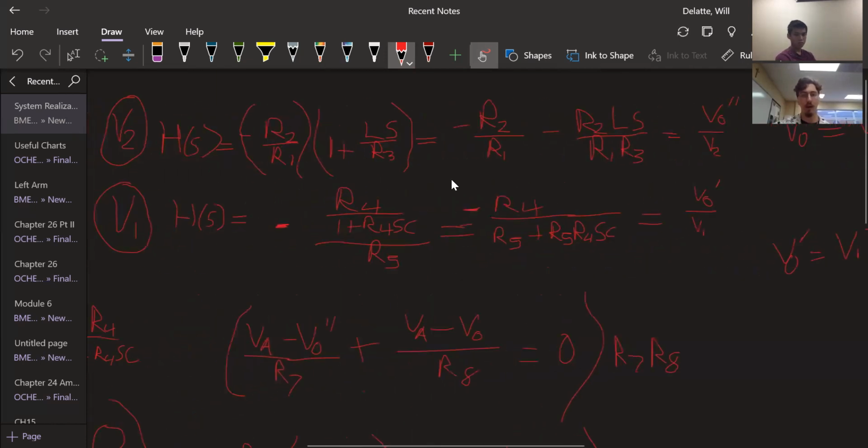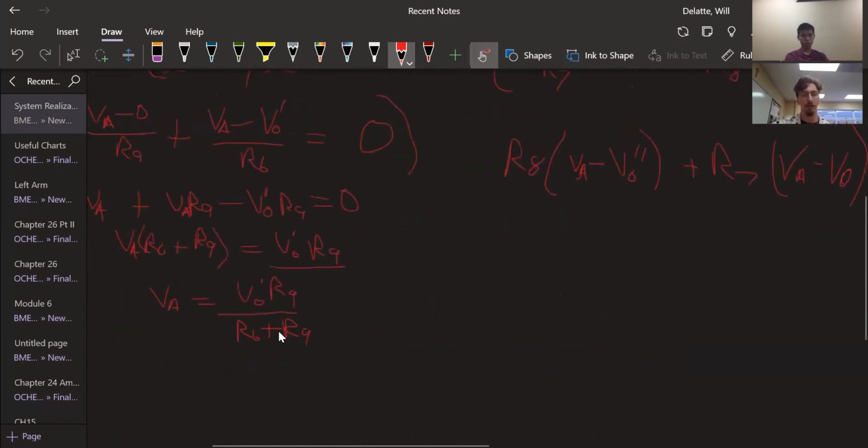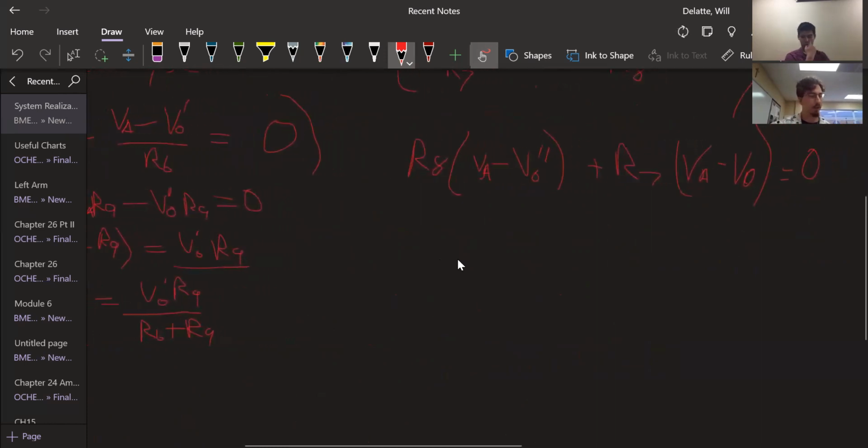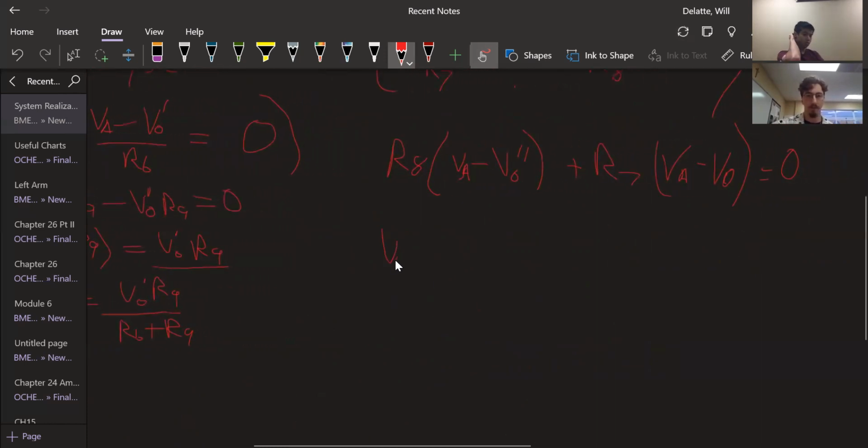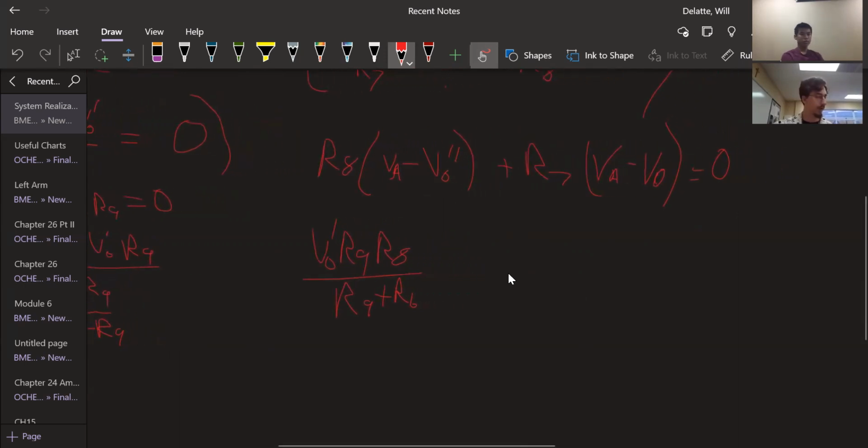All right, so here we have our term here. So we can now go ahead and plug in our VA, right? Which is going to give us V out prime R9 R8 over R9 plus R6. So this is pretty much all the same, but we just distributed our R8, if you're wondering where that came from. And then we just have V out double prime R8, which we will plug in after.